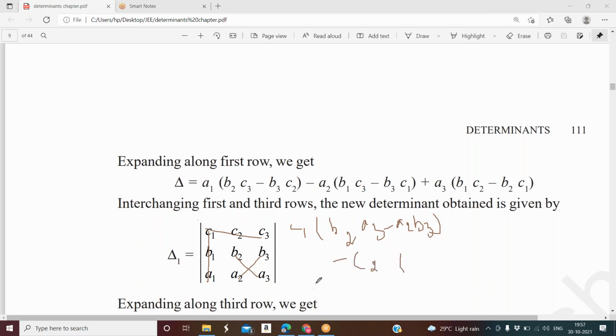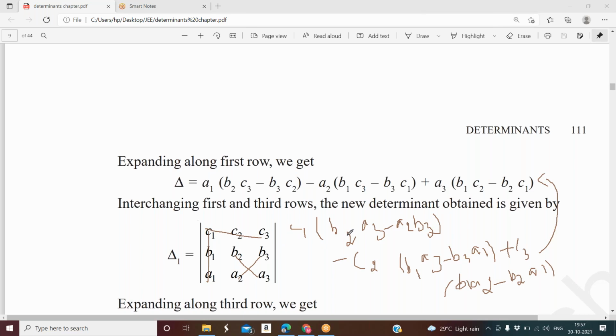Minus C2 into, we'll have B1 A3 minus B3 A1, plus C3 into B1 A2 minus B2 A1, right? So when you simplify, you'll be getting the same value, but the sign will be changed.